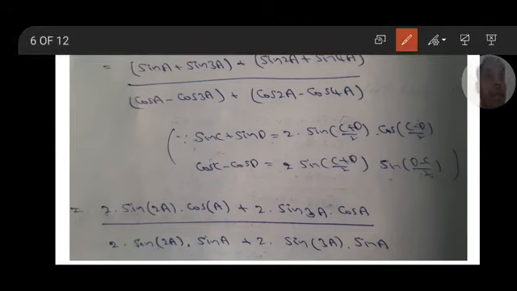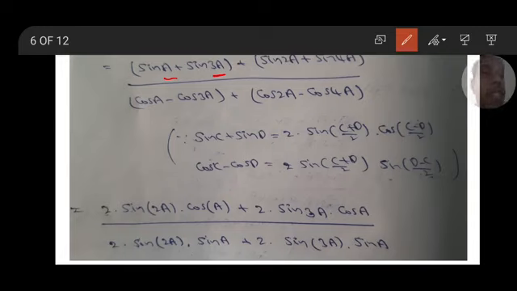What is the formula? Sin c plus sin d equals 2 into sin of (c plus d) by 2 into cos of (c minus d) by 2. Next, cos c minus cos d equals 2 sin of (c plus d) by 2 into sin of (d minus c) by 2. So in the numerator, first I will apply sin c plus sin d. Here c equals a and d equals 3a.